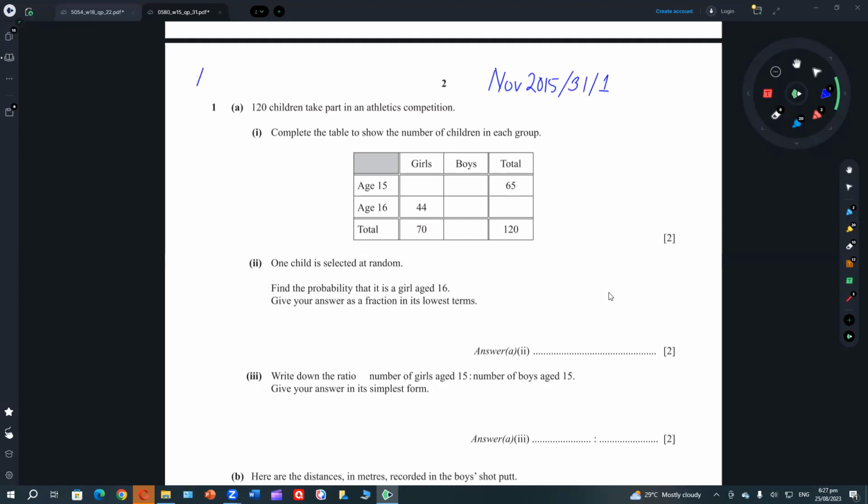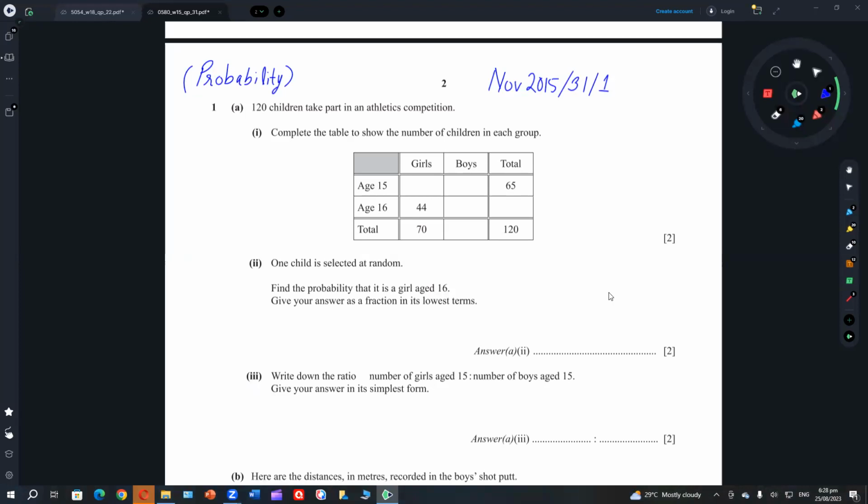So read the question. We are discussing the question on probability. 120 children take part in an athletic competition. Complete the table to show the number of children in each group.